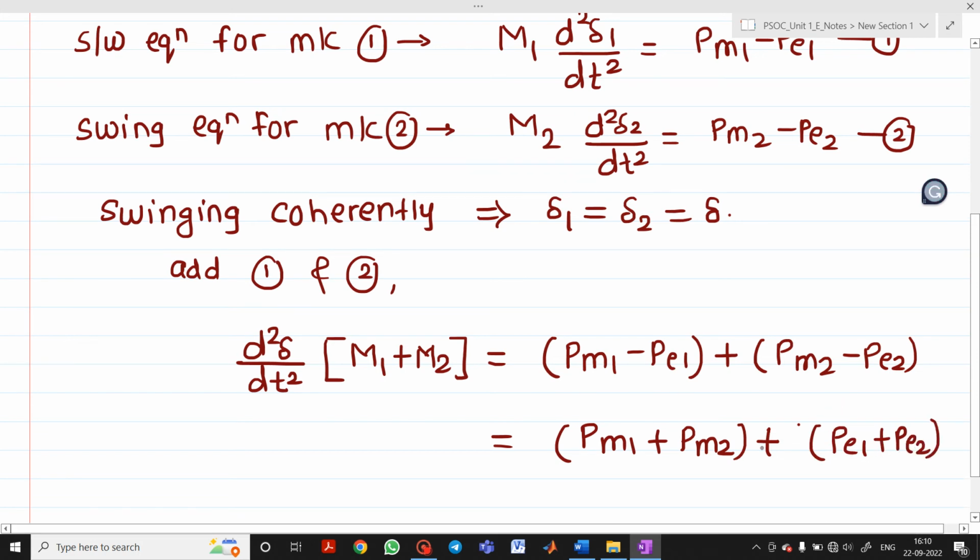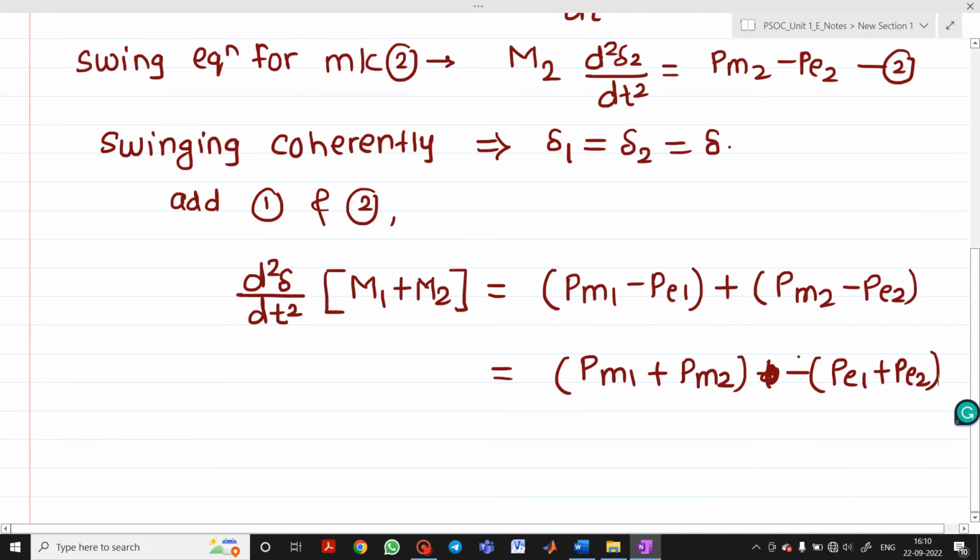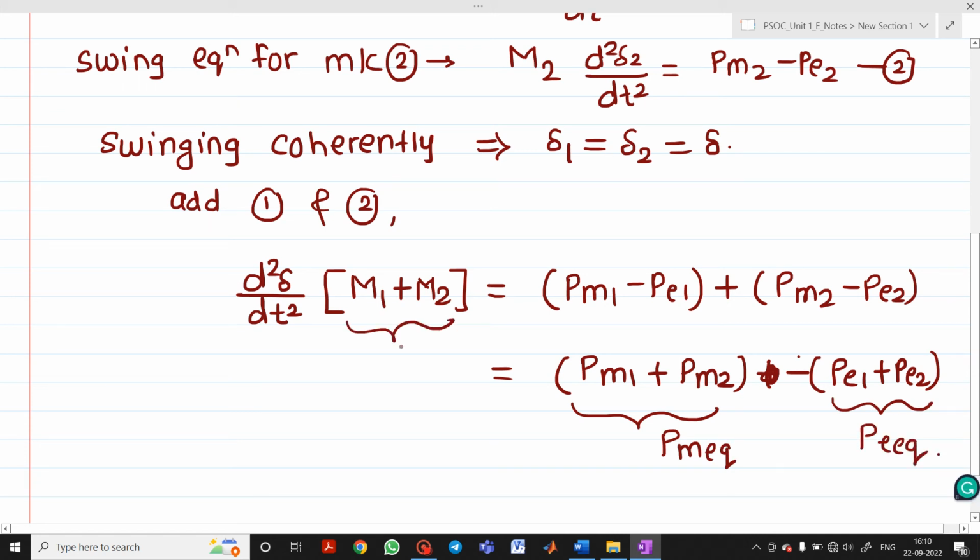Okay, sorry, there is a mistake, not a plus. I will take minus common here, so you will get minus of Pe1 plus Pe2. This Pm1 plus Pm2 is called Pm equivalent. This term Pe1 plus Pe2 is called Pe equivalent. This term M1 plus M2 is called M equivalent.